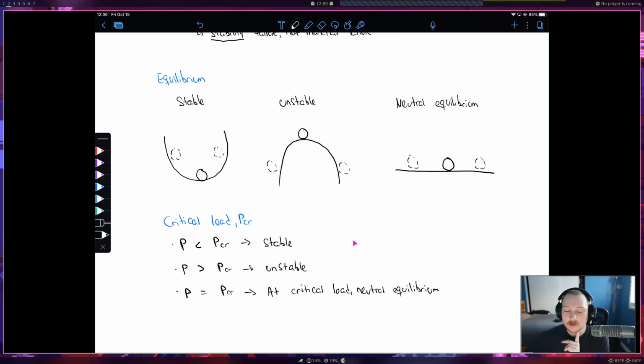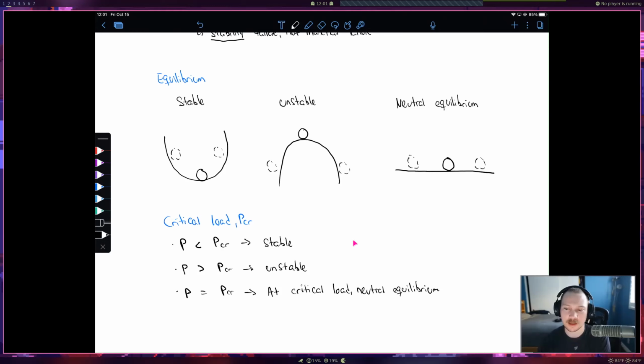Okay, and then if the load is equal to the critical load, that's when we're at this point of neutral equilibrium, kind of in that limbo phase. We're in between being stable and unstable. So we're teetering on the edge. And once we get right past that, anything after this load, then we are unstable and the column has failed at that point. So again, once we actually make our graphs, we're going to take this critical load and convert that to stress, and that'll be what we graph.